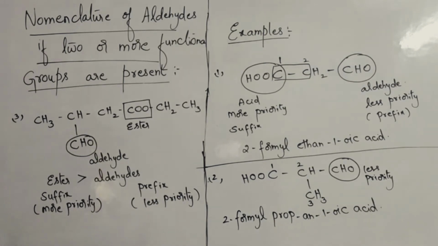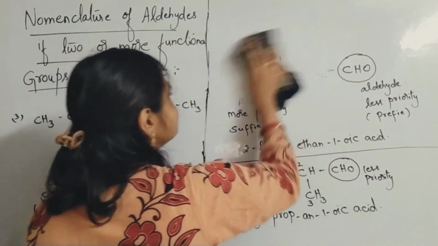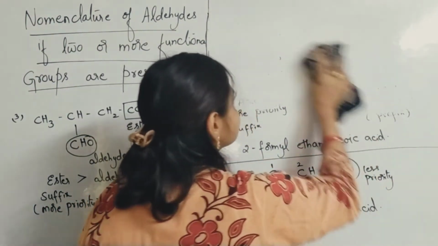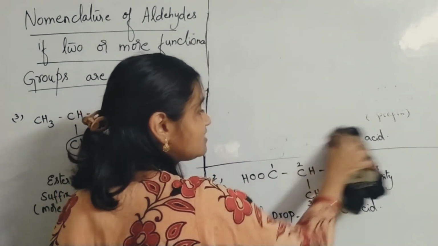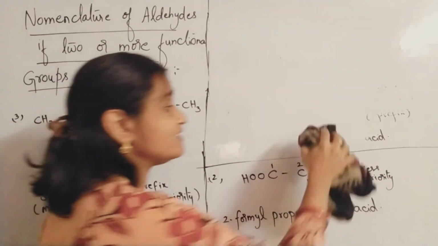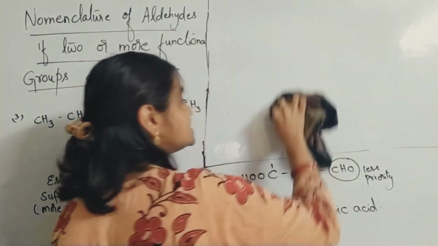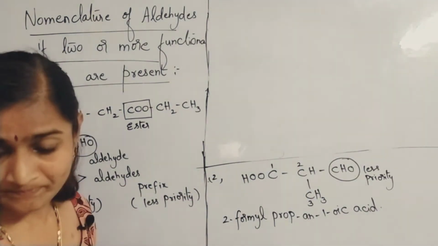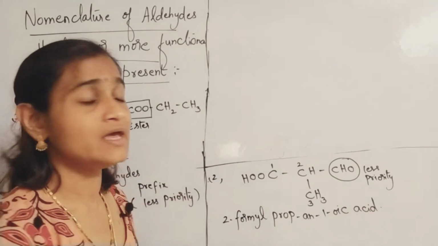So did you remember how to give naming for esters? While giving names for esters, esters are having more priority and you will be given suffix for esters. What is the suffix used for esters? OATE. Very good. OATE is the suffix used for esters.